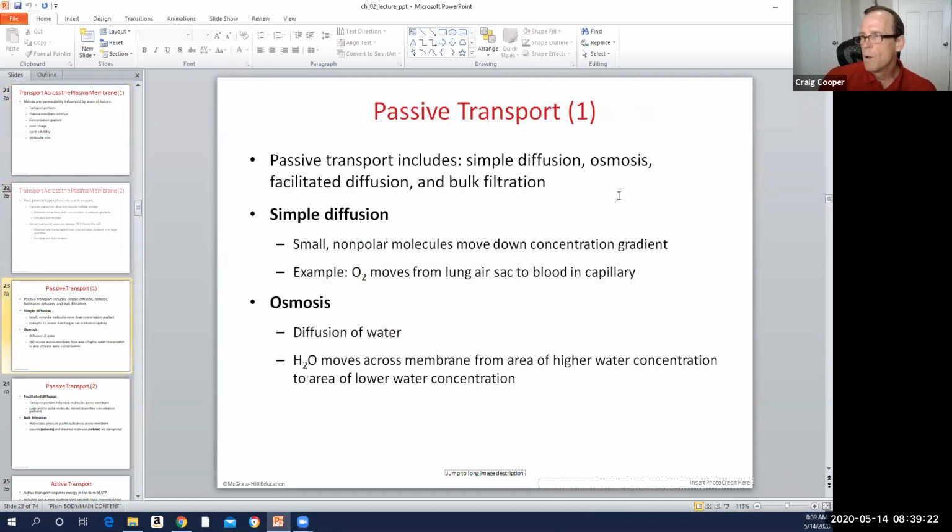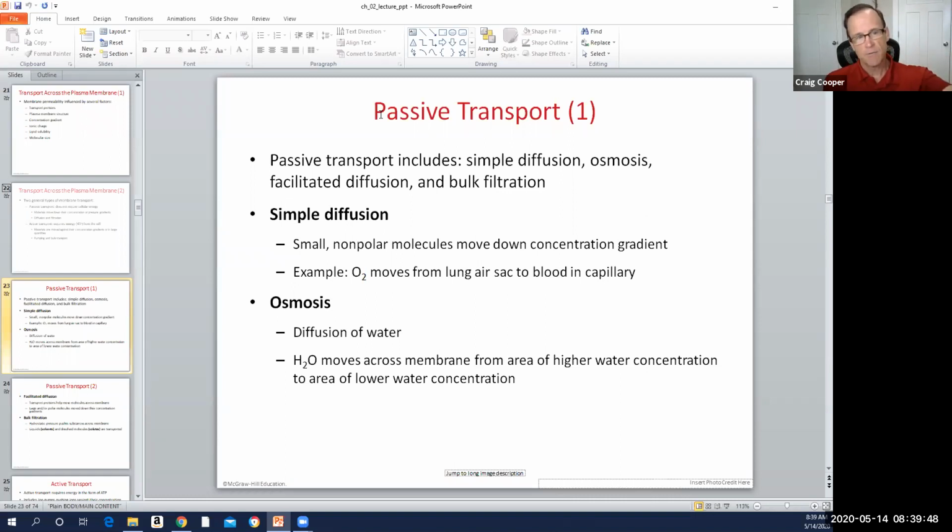All right, so when we try to specifically move certain things in or out of the cell, we need to have some way to do it. It can't just sneak through the wall like oxygen or carbon dioxide. We can either move things passively, where we're going to rely on that concentration gradient largely to say, well, we want things to be evened out.